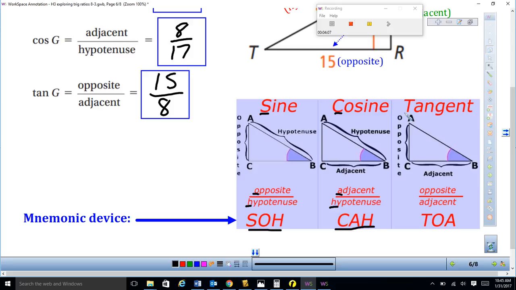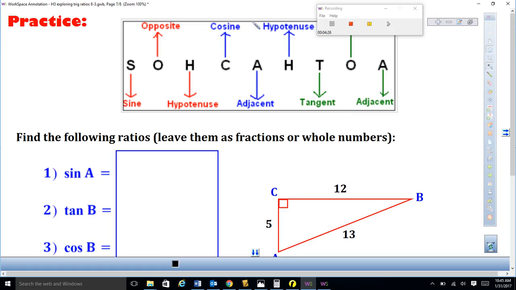And then T in tangent, O in opposite, A in adjacent, and we get toa. So usually we put this together for the mnemonic device, SOHCAHTOA. So again, SOHCAHTOA is sine, opposite, hypotenuse, cah, cosine, adjacent, hypotenuse, and toa, tangent, opposite, adjacent.